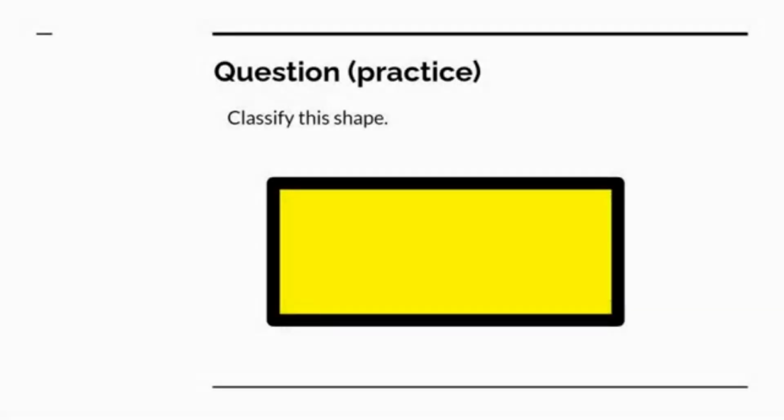Let's try another practice. This one wants us to classify the shape. Go back and look at your notes. Let's find, mark, or score the properties or attributes of this shape. Let's start by looking for parallel sides. To do this, we need to pick a side. Let's start by picking this side.